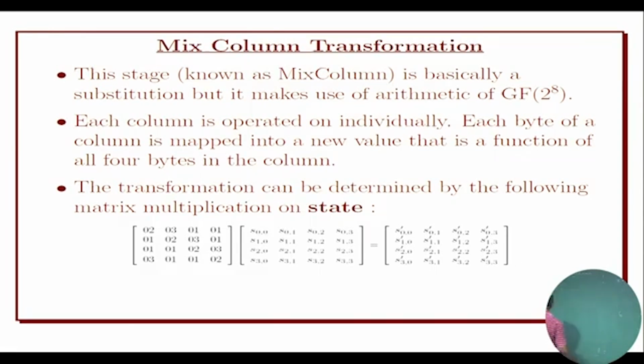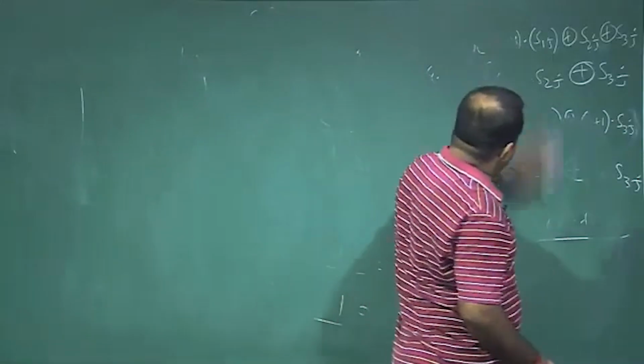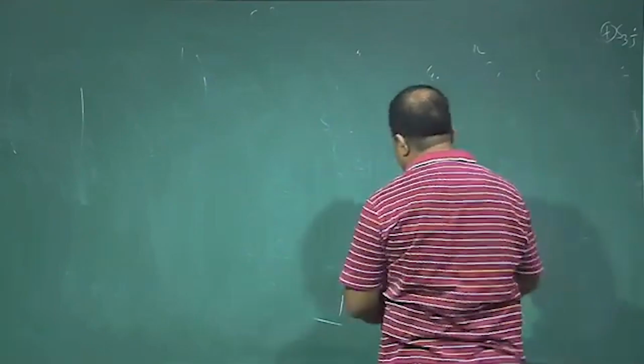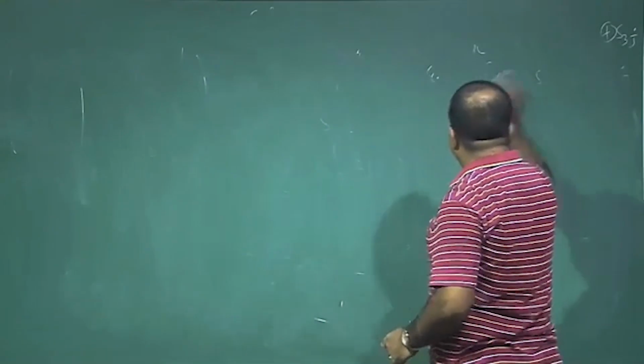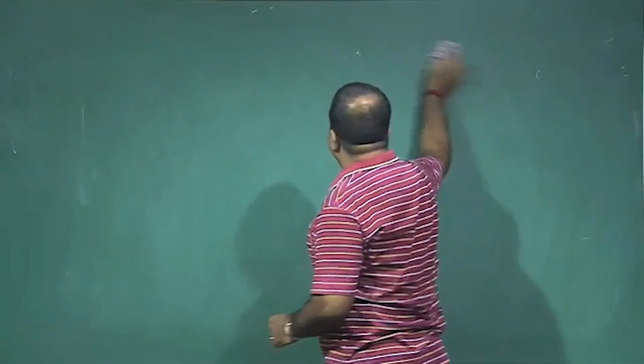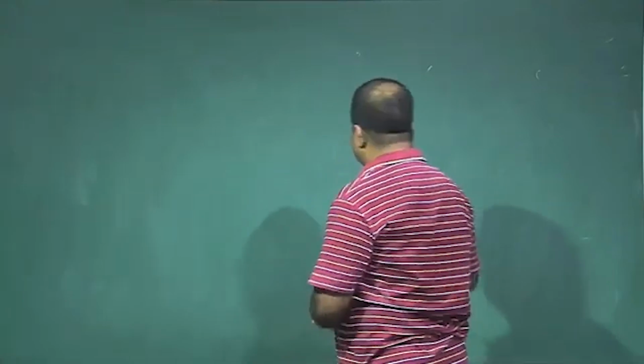Now what is remaining? We have already seen the sub byte, the add round key, the shift row, and the mixed column. Now we want to discuss the key scheduling algorithm for AES.